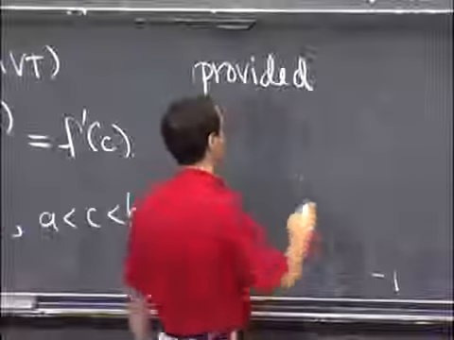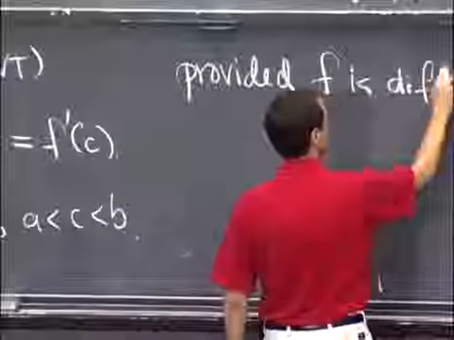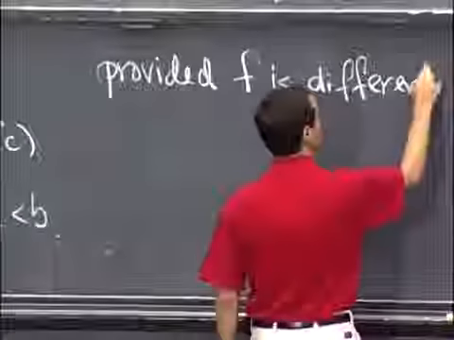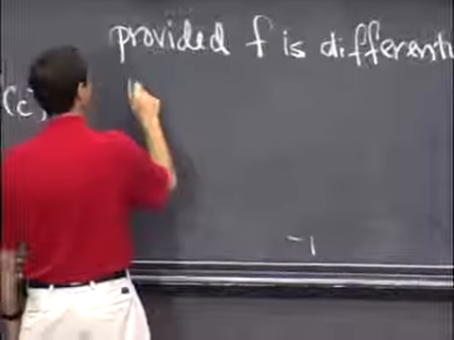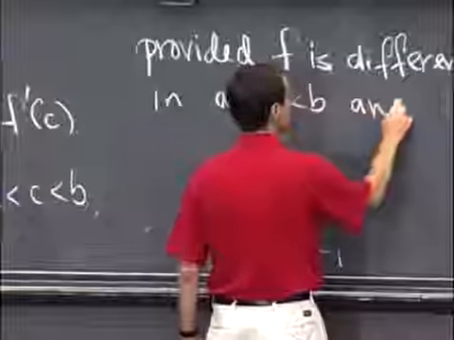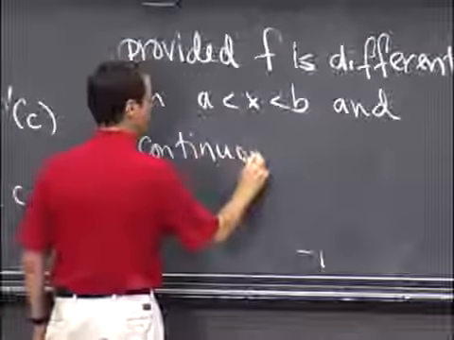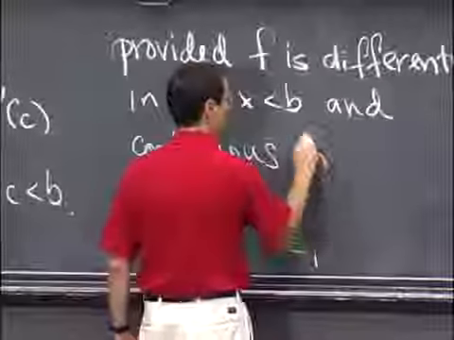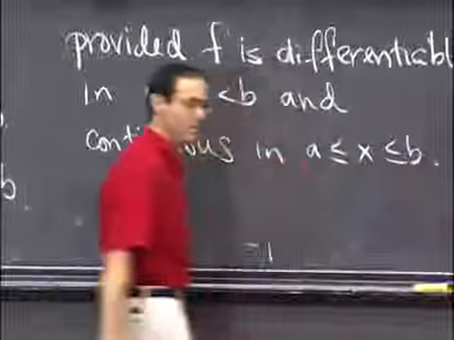They're straightforward hypotheses. Provided f is differentiable, that is, it has a derivative, in the interval a less than x less than b, and continuous in a less than or equal to x less than or equal to b.